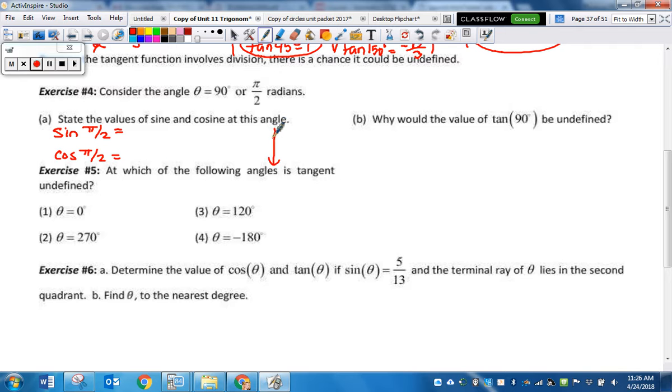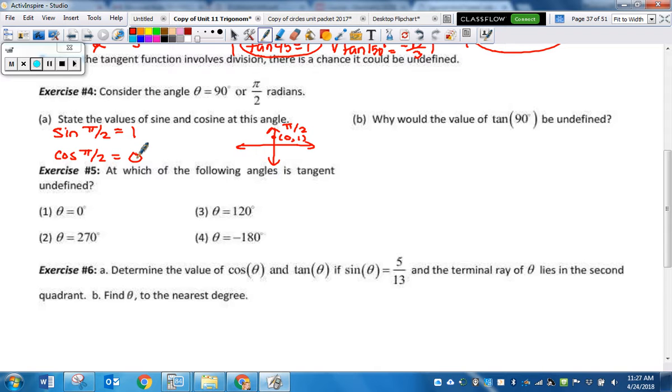I'm on the unit circle, so it's a quadrantal angle, right? What are your coordinates here? Your coordinates are 0, 1, correct? So the sine of pi over 2, Gwenny, is what? 1. And the cos of pi over 2 is? 0.